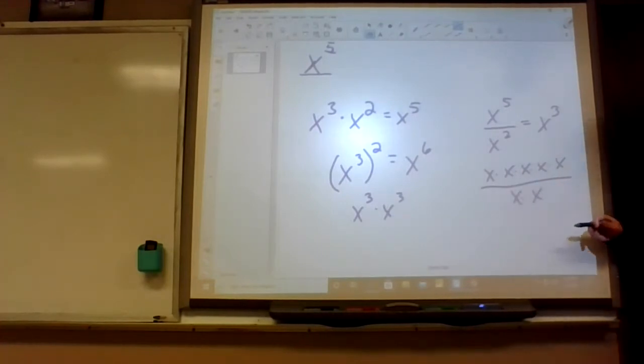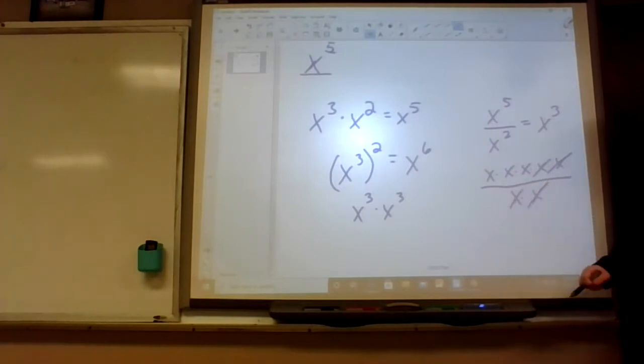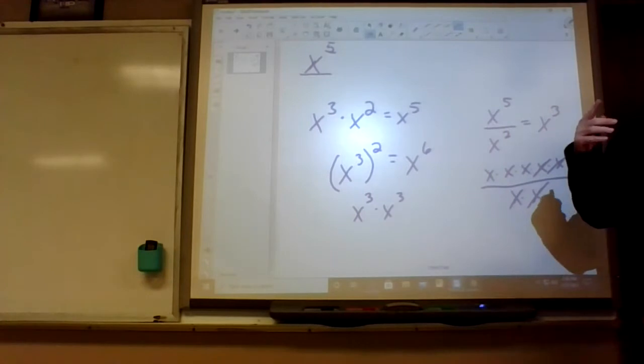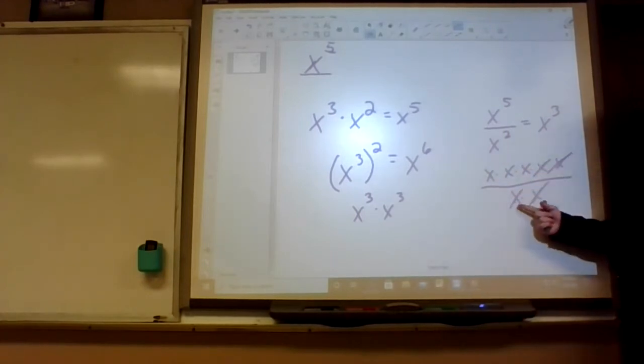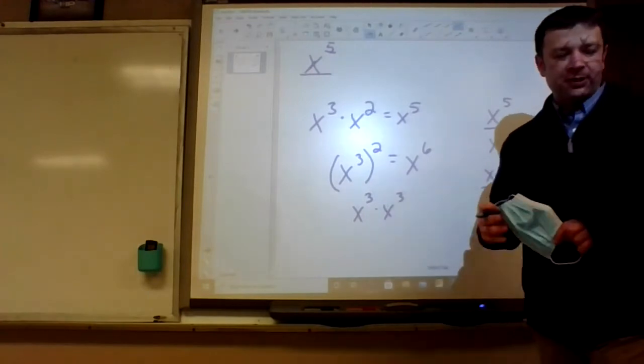It's like when you reduce a fraction, they cancel out. So you have x cubed left. If you multiply by 5 x's and then divide by 2 x's, it's like multiplying by x 3 times.